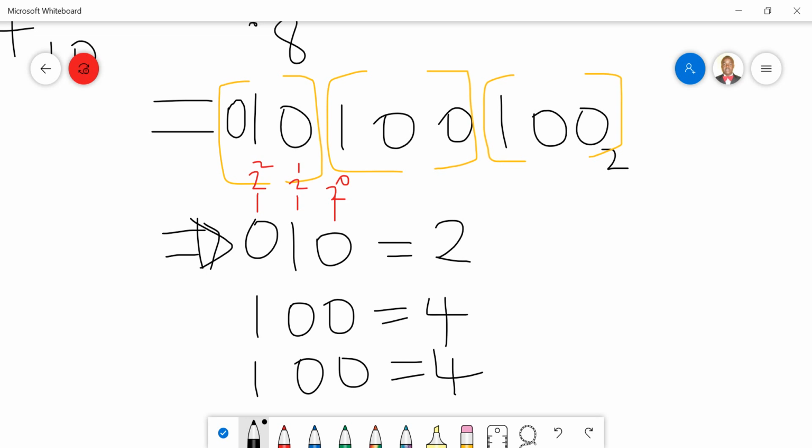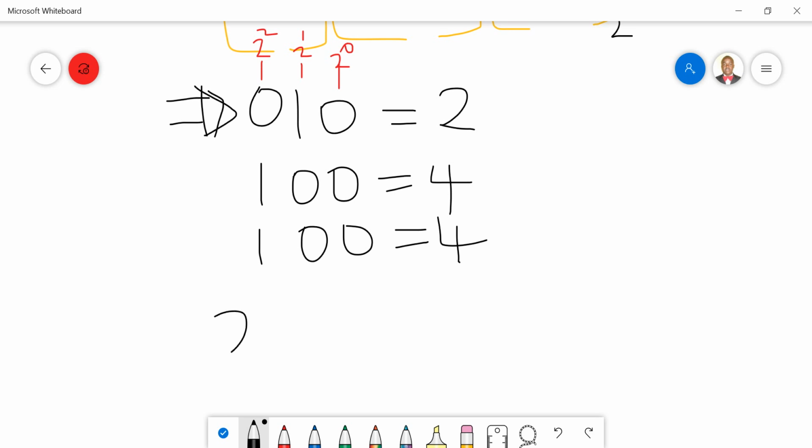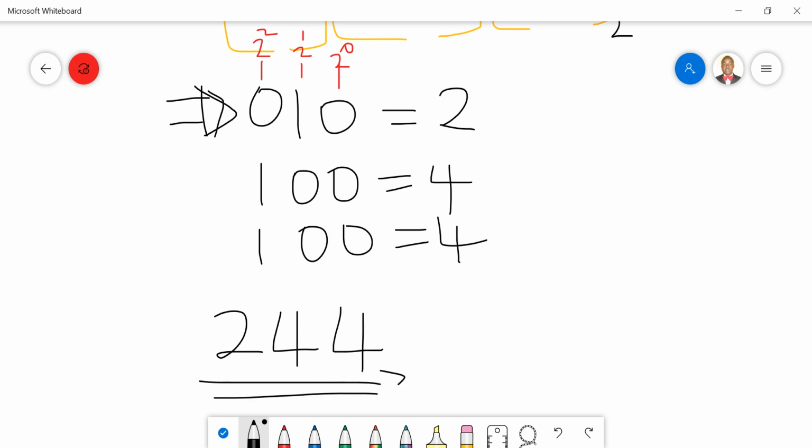So we conclude that our final answer is what? Let's check. The final answer is 2, 4, 4. This is the final answer, base 8.